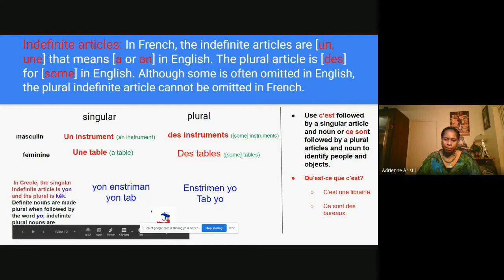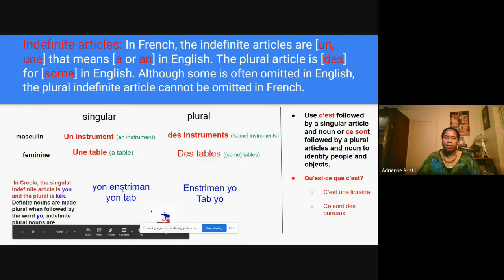Okay, for some examples, yon instrument, yon table. You see, in this case, you can put it in front of the noun. But if you use the definite article, you will say instrument la, table la.